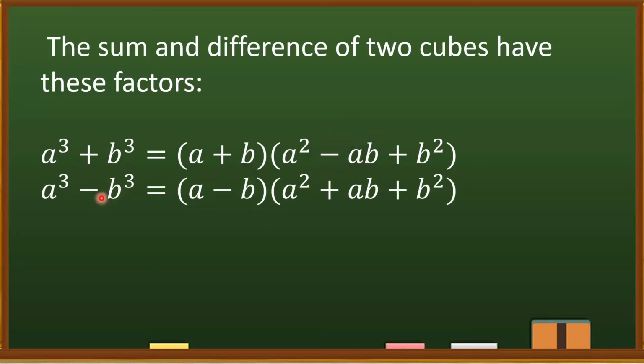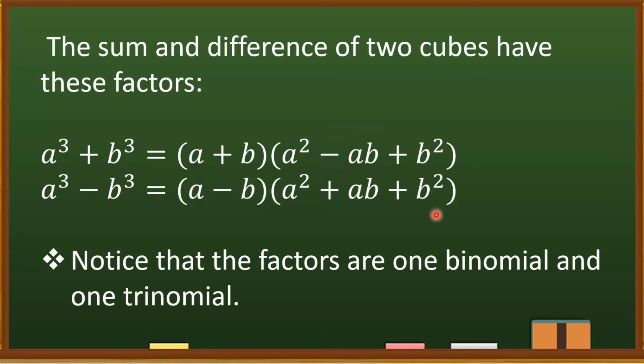And then pag negative naman ang given, positive naman lahat sa trinomial factor. So notice that the factors are one binomial and one trinomial. So hindi po yung nababago. Kapag two cubes, of course, ang magiging factors natin automatically is one binomial and one trinomial.